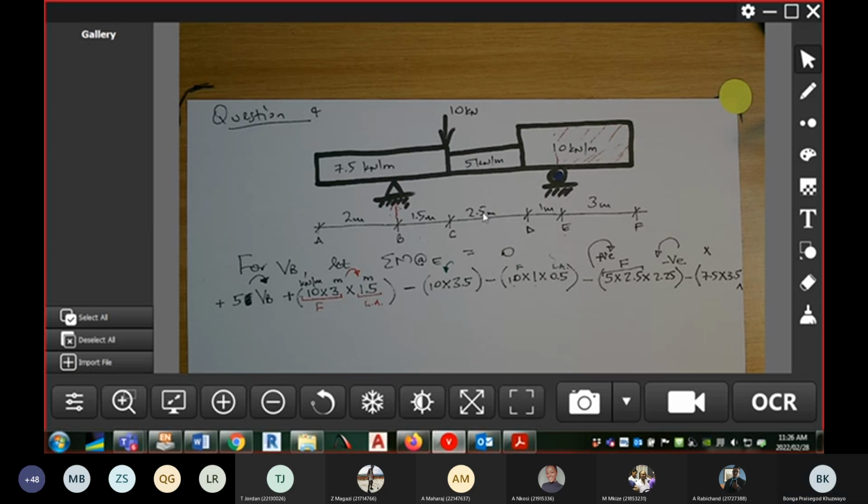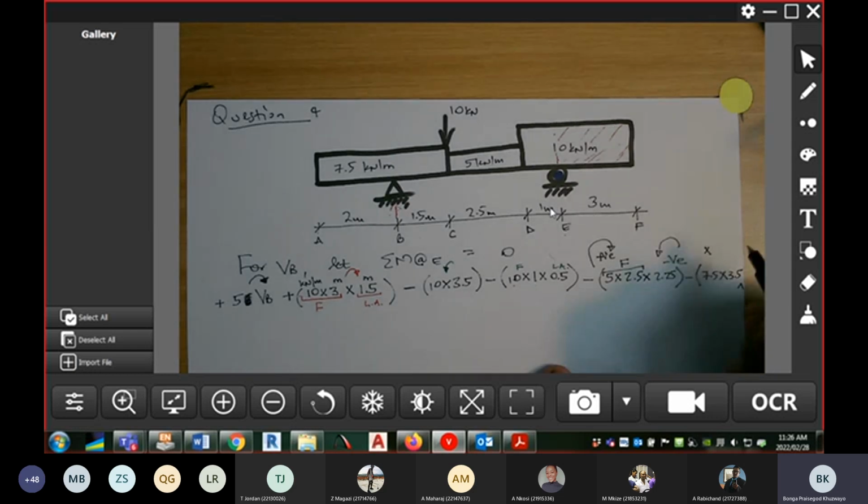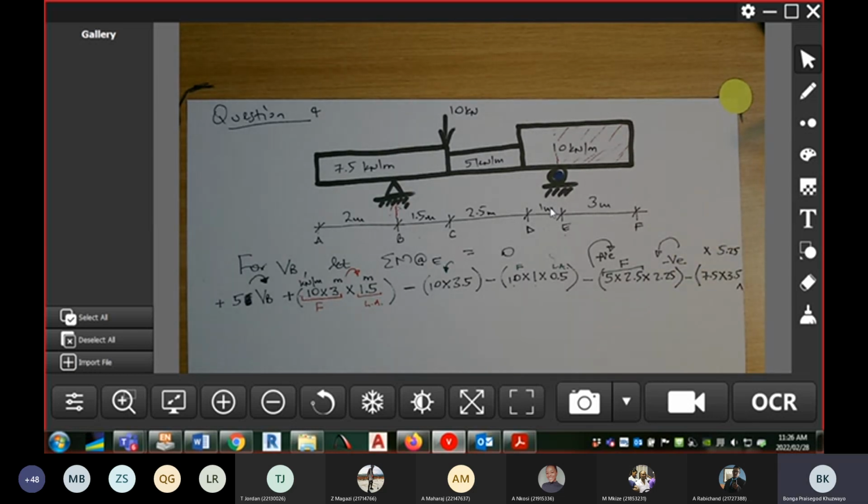And then plus 2,5 plus 1. So you should get 5,25. That's the lever arm. Okay, you're gonna get 5,25.